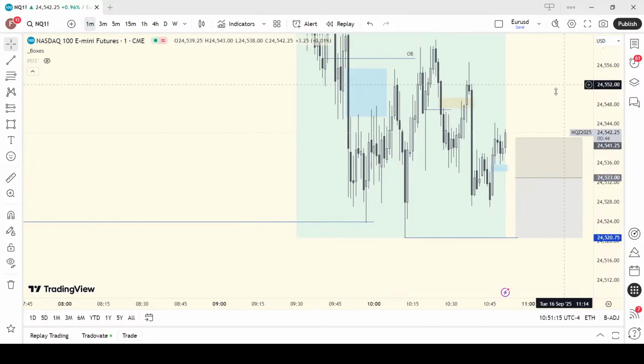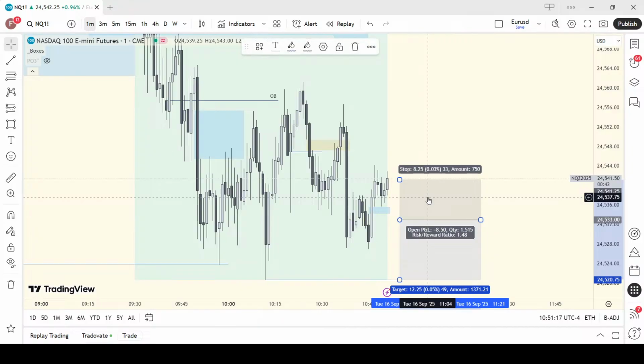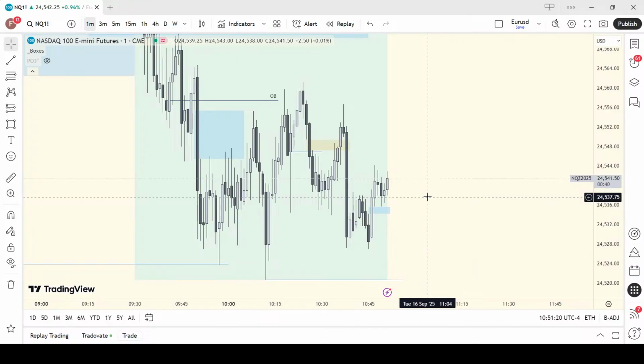Also, just a few more minutes left in the session, so chances are looking high that we don't have anything else framing up for today.